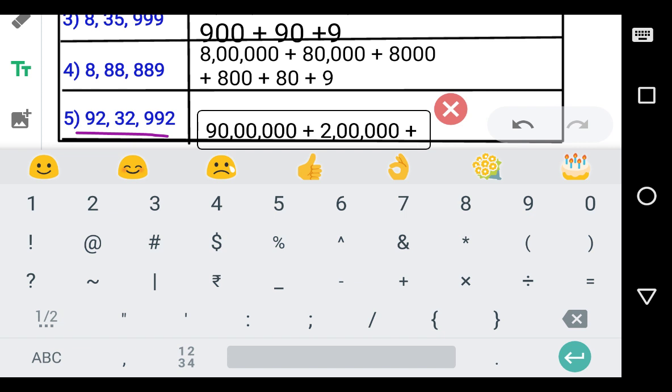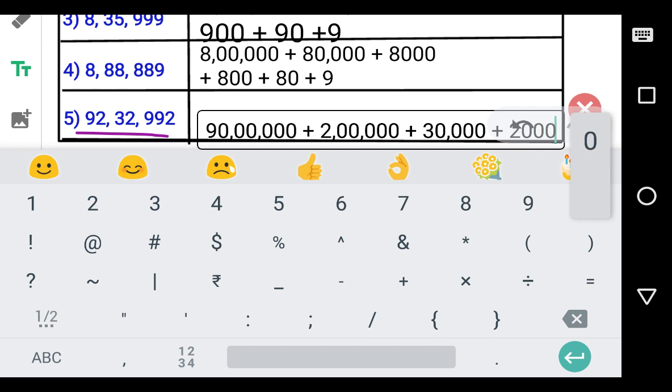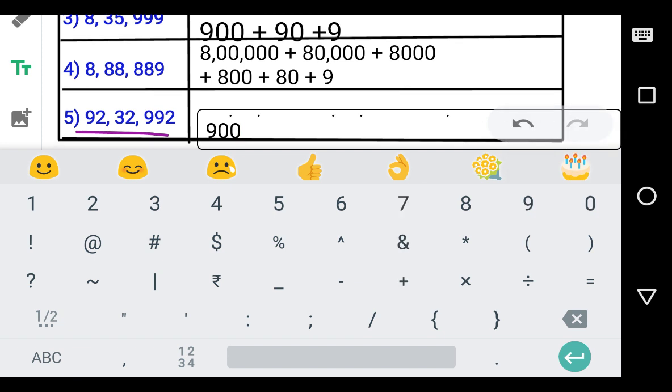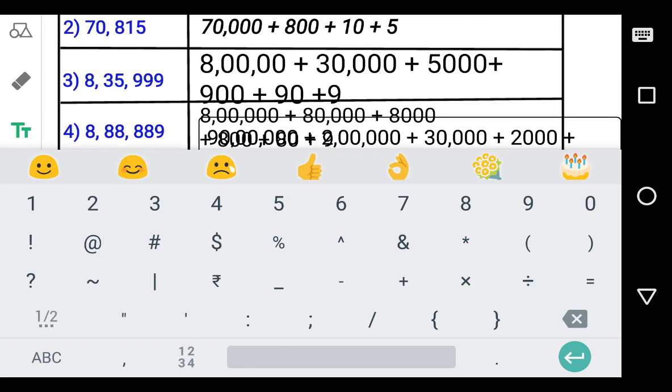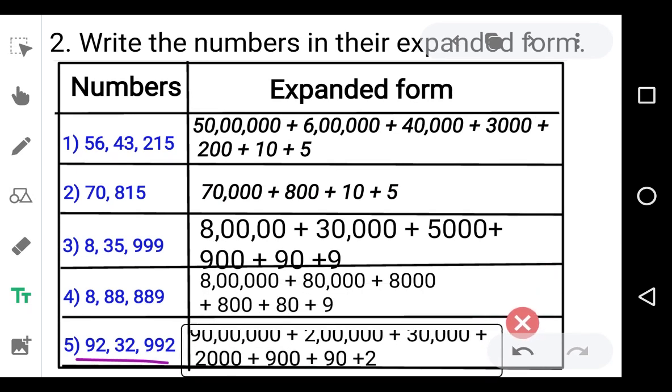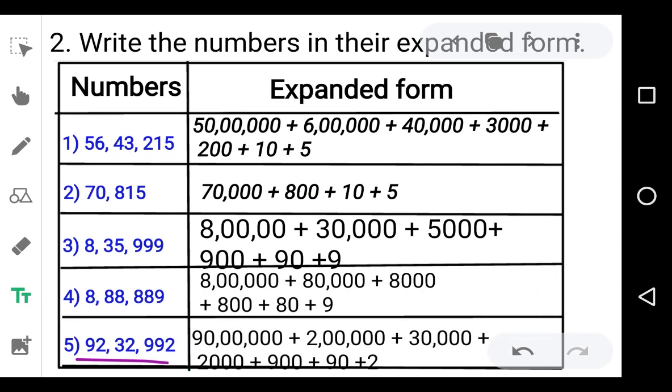Its place value is 30,000. Then 2,000, 900, 90 plus 9. After that, we see the next question.